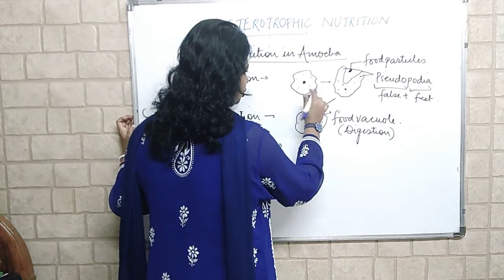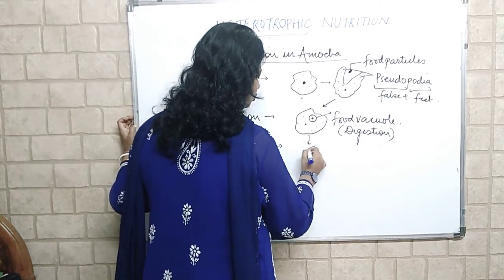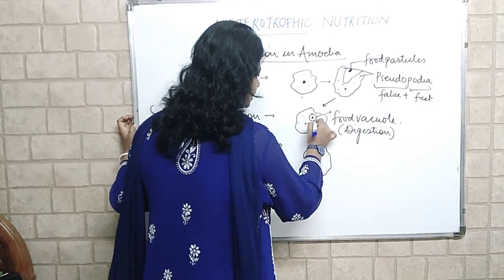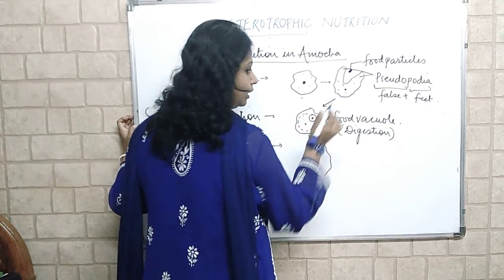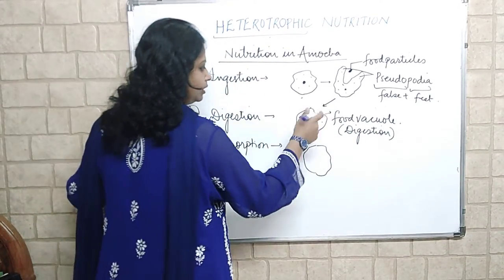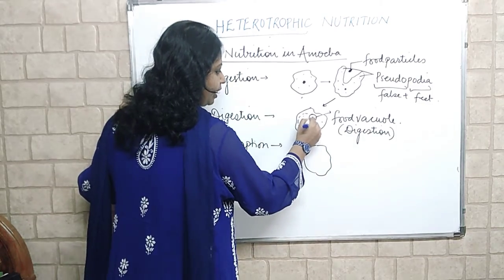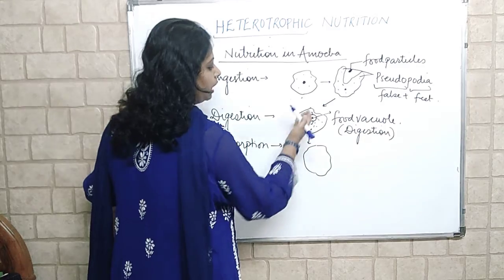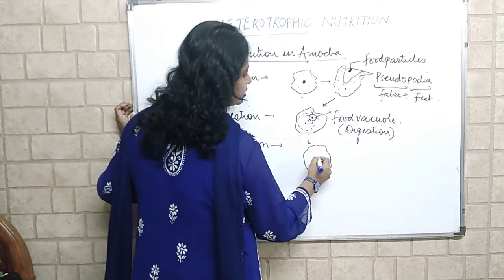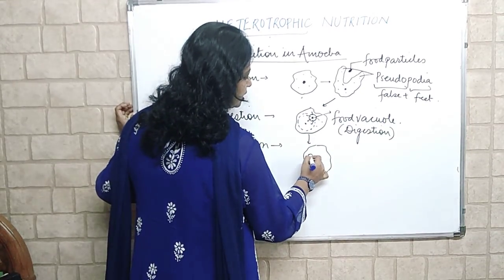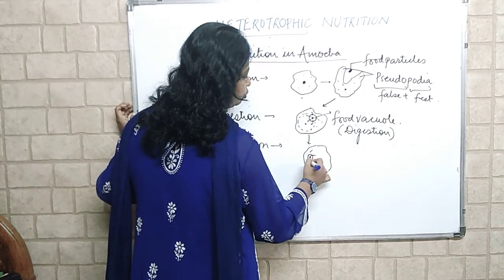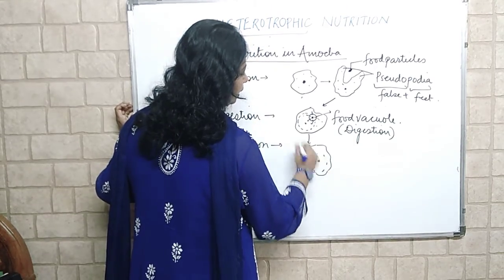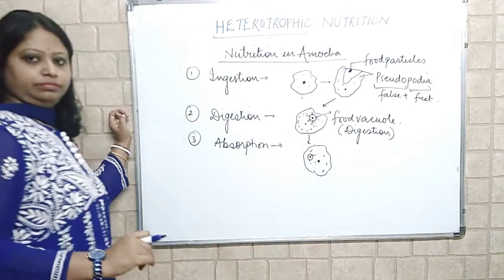During this absorption, they are going to circulate this vacuole in the complete cell. It will keep on moving, and wherever it is necessary, whatever nutrient they want will come into the cytoplasm. So we can see this food vacuole is distributing all the food material to the whole cell.